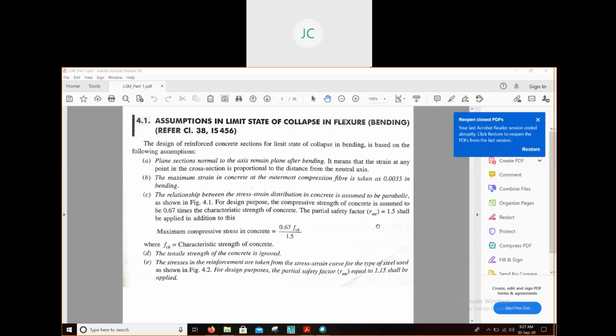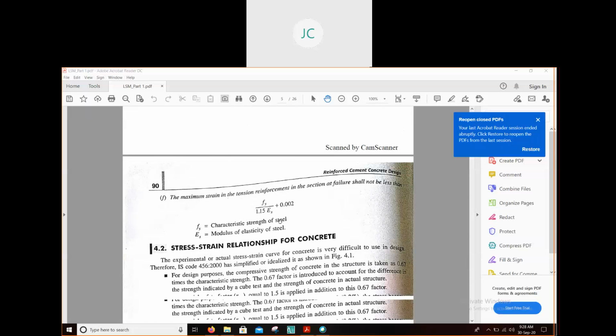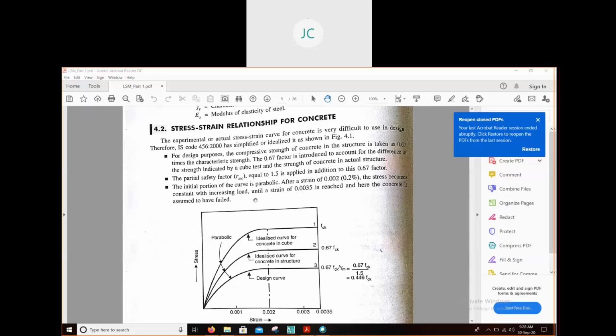In the last class, did we discuss these assumptions or not? If you can hear me, please respond. Yes, sir. Okay. All are discussed, I think. These assumptions have already been discussed: 1, 2, 3, 4, 5. So let us move to the next part.